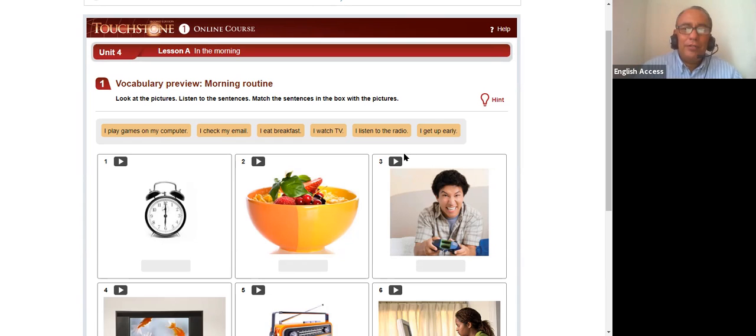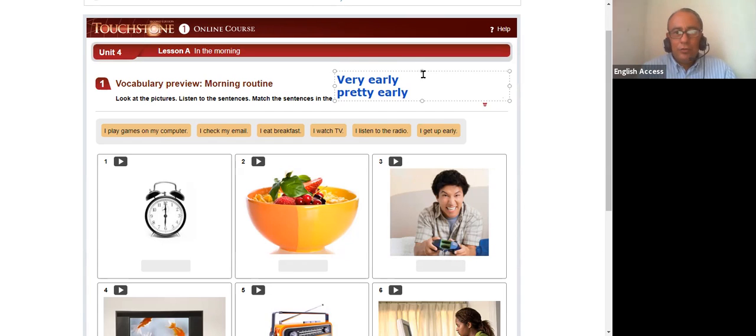Por ejemplo, si fuera muy temprano. Very early. O pretty early. ¿Qué quiere decir? Muy temprano. Las dos frases significan lo mismo.